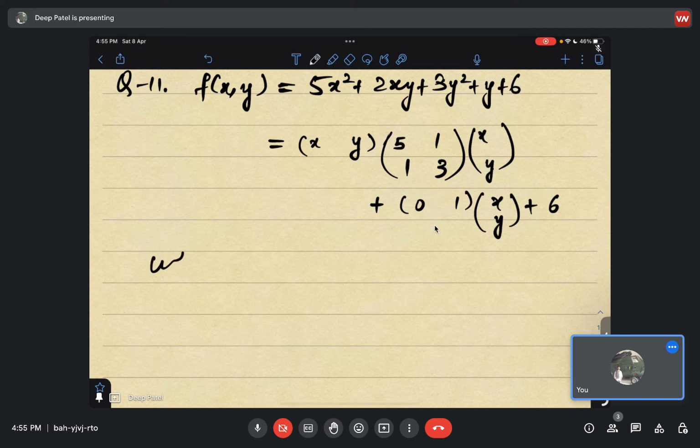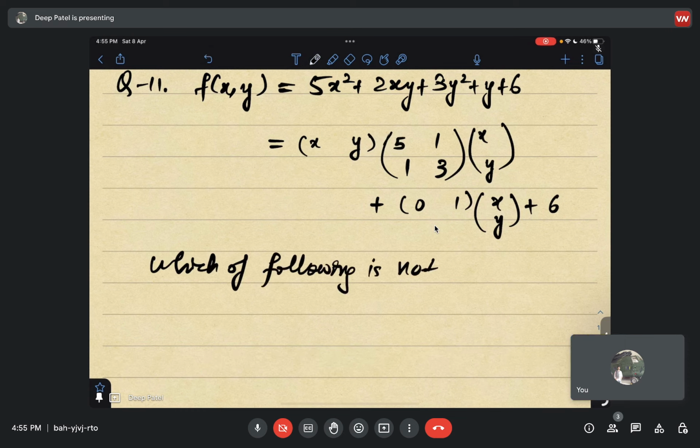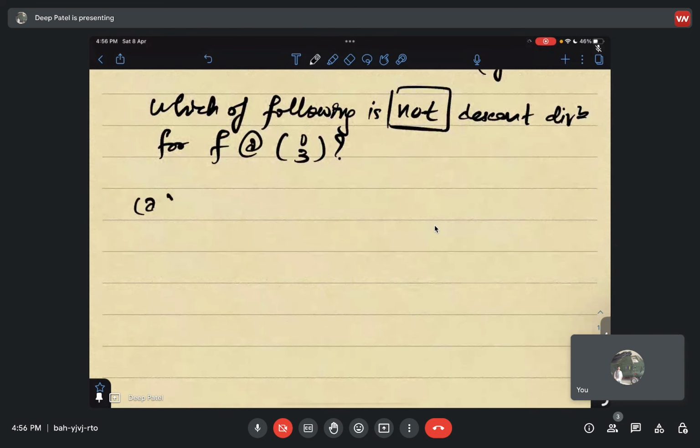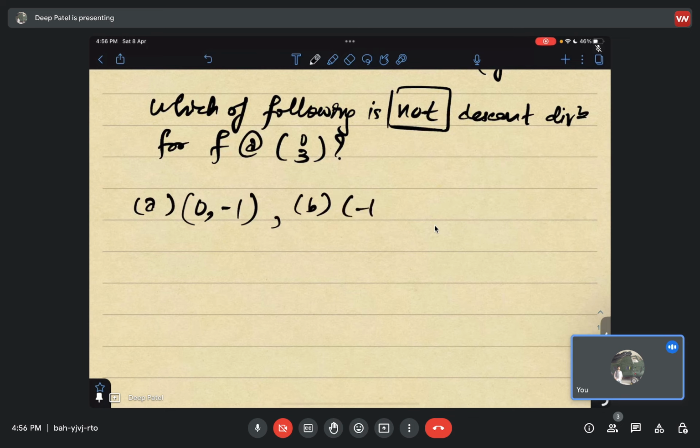So the question is, which of the following is not a descent direction for f at point (0, 3)? The options are (0, -1), (-1, 0), (1, -1), (-1, 1).